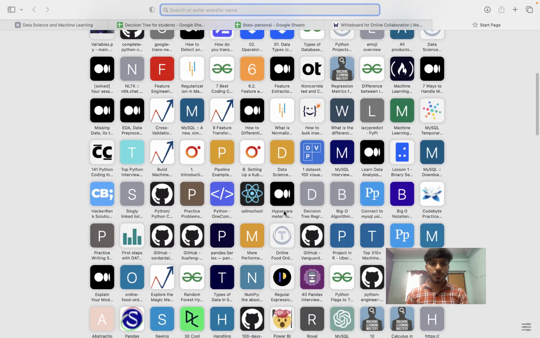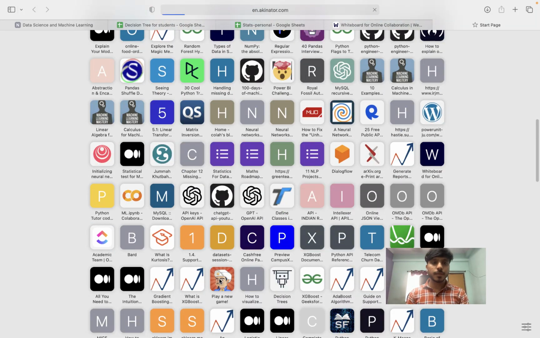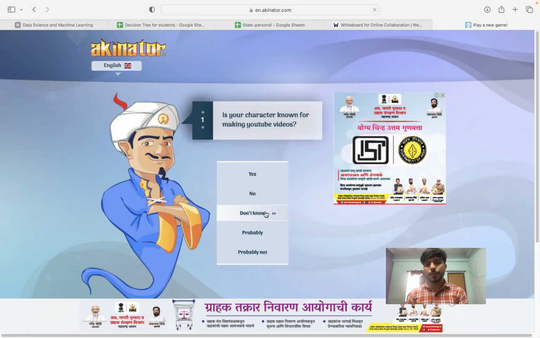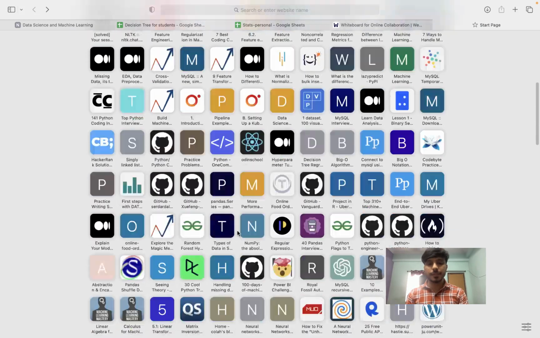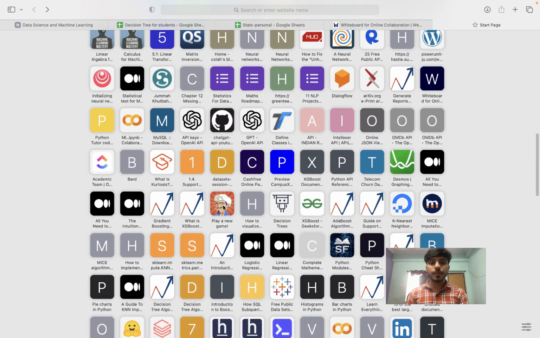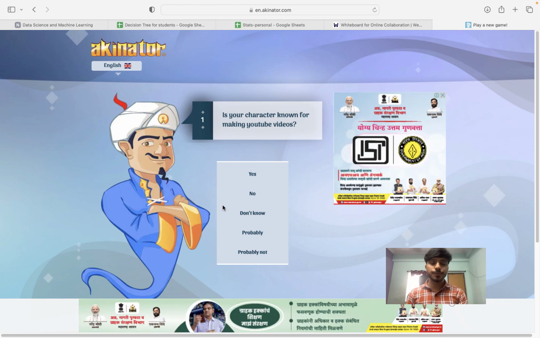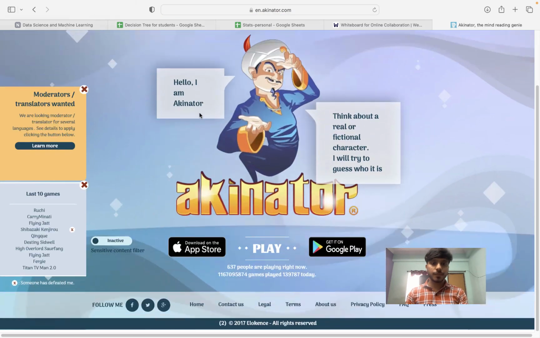So let me go to a game called Akinator. This game is completely based on this machine learning algorithm called decision tree. So when you play this game, you will understand that this is exactly how your machine learning model works as well. Before you start the game, let me start it from the beginning.